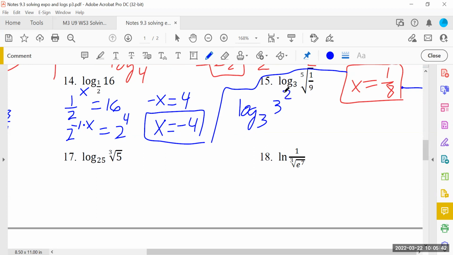Because it's 1 over 9. Is everybody good with that? So this would be -2. What do I do with the fifth root? Underneath the -2, the 5 is my denominator. So log base 3 of 3 to the -2/5. My answer is -2/5. Or again, if you wrote this as an equation, 3 to the x power equals 3 to the -2/5 power. Either way, the answer is -2/5.